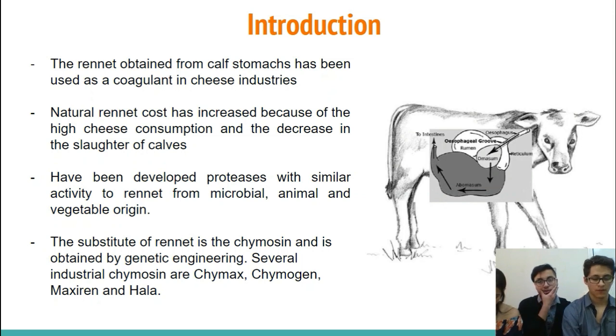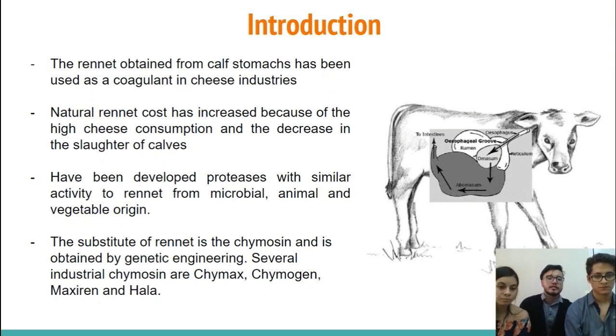It's also important to note that this new discovery only has like 1 or 2 decades. So there is already massive production by some industries making chymosin products only by biotechnological ways. Some examples are Chymax, Chymogen, and Maxiren.